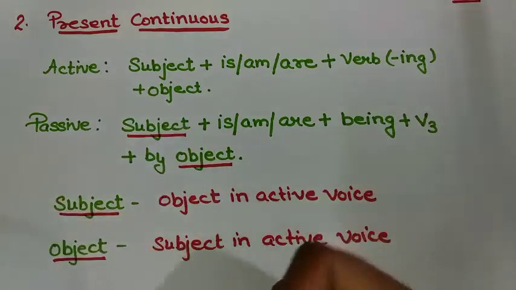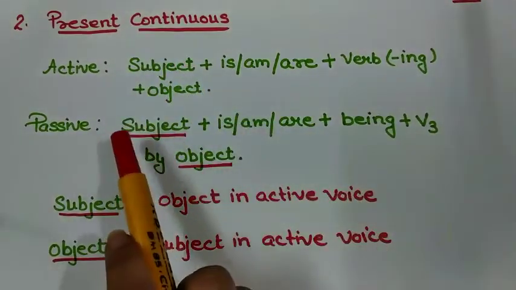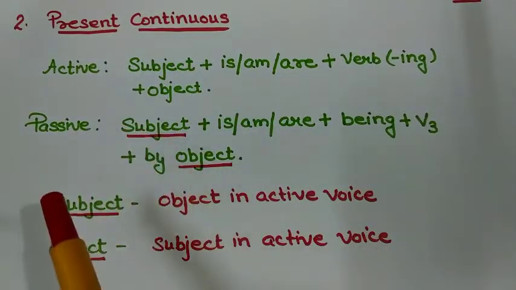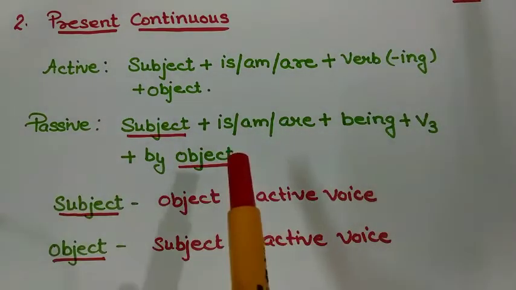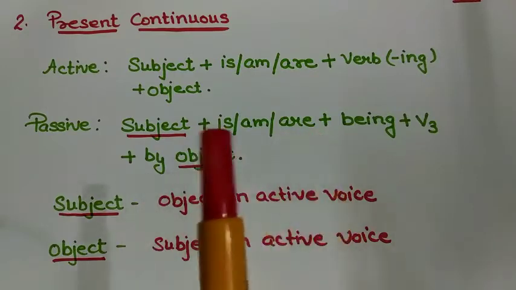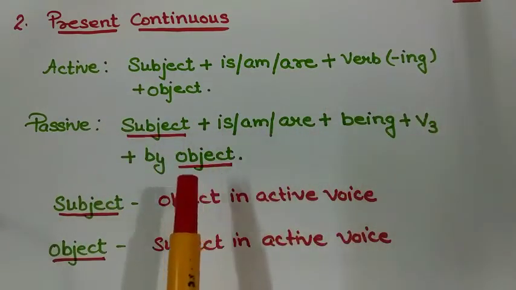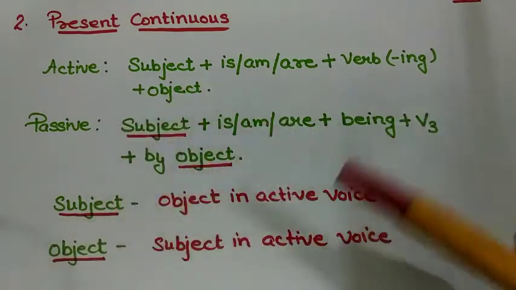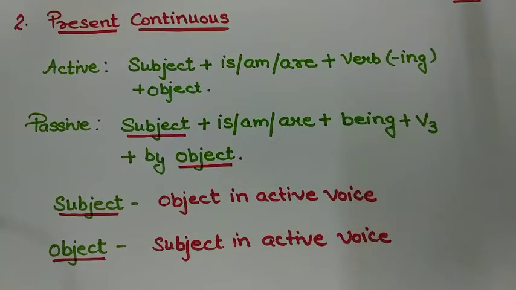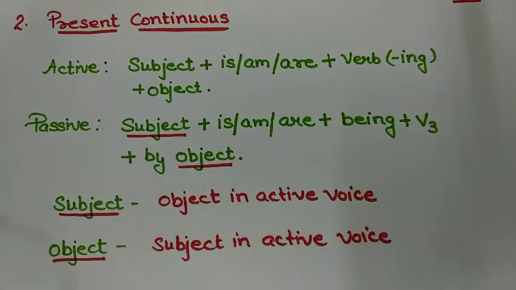You can see that in some books, somewhere it is written differently. If it is a subject, they write object here, which is logically wrong, because the formation of the sentence should be like this: subject, then verb, then object. So this subject is actually the object which is used in active voice. I have just underlined to tell you this difference only.